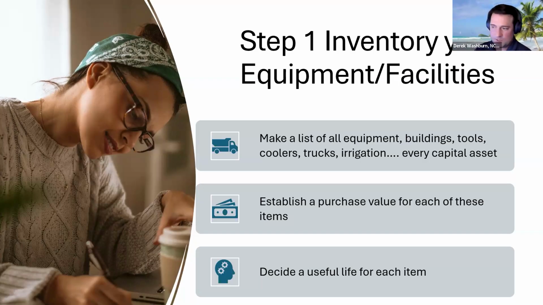So step one, inventory your equipment and facilities. You're going to make a list of all your equipment, buildings, tools, coolers, trucks, irrigation, you get the idea, every capital asset. There are some things that are going to be more important than others. Jay's got the heavy burden tonight.